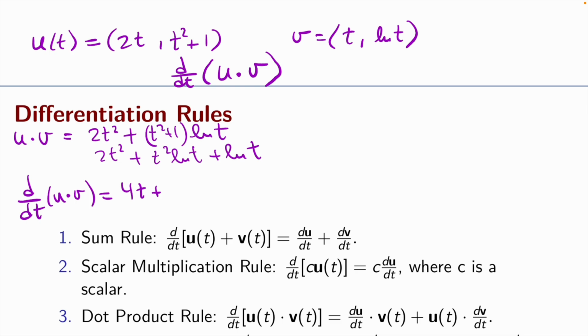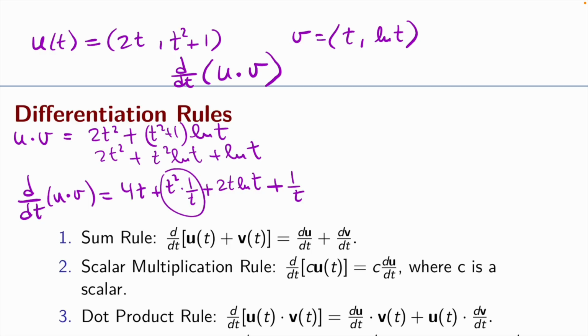We apply the product rule, and then here will be t squared, the first one as it is, times the derivative of logarithm of t, which is 1 over t, plus the derivative of t squared, which is 2t, times the second one as it is, and plus the derivative of logarithm of t, which is 1 over t. So this is the derivative of the dot product.